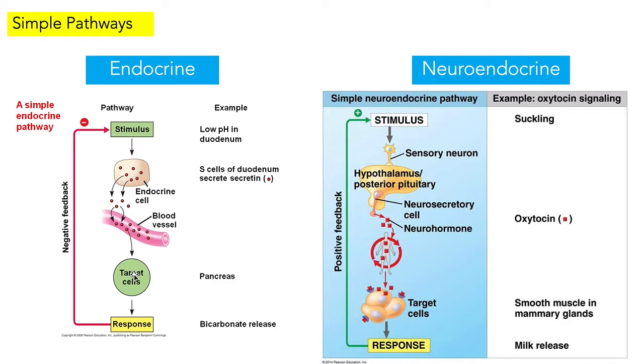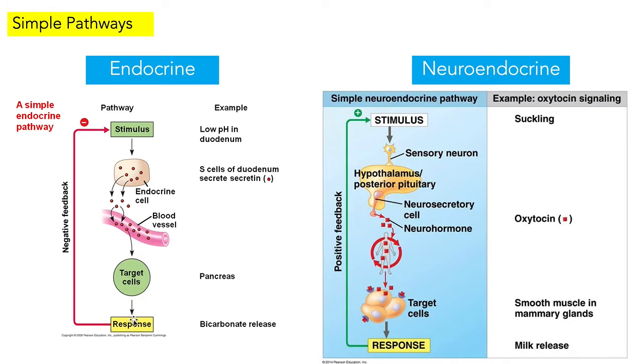Those target cells, in this case the pancreas, are specific target cells that have receptors on them, or proteins within the cytoplasm, that the hormone will bind to, and then will affect the function of that target cell.